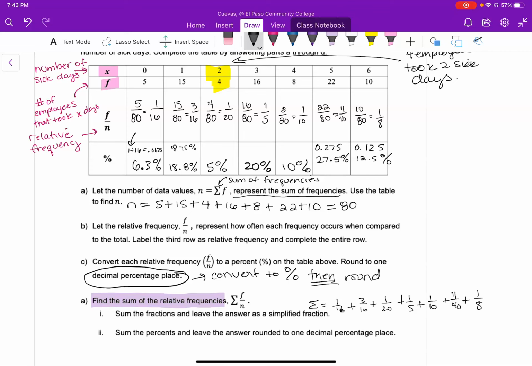It says sum the percents and leave the answer rounded to 1 decimal percentage place. So in this section, you're going to sum our percents, 6.3% plus 18.8% and so on. And make sure you follow the instructions of leaving part 1 as a simplified fraction and part 2 as rounded to 1 decimal percentage place.